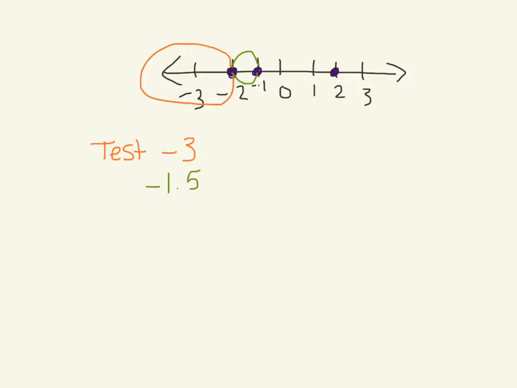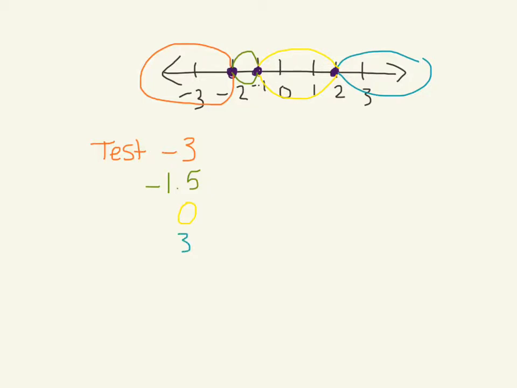I also have a region between negative 1 and positive 2. I love to test 0, that's my favorite test point. And last but not least, I have a region from 2 up to infinity, so why don't we test positive 3 for that?